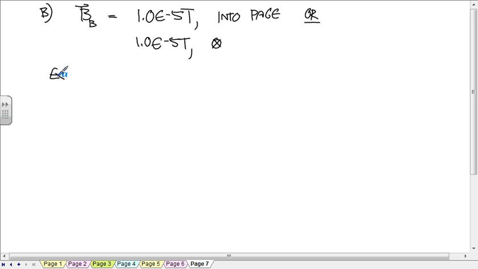Okay, here's an example I'd like you to work on. Let's say that the current is going into the page, and let's say that it has a magnitude of 20 amps.